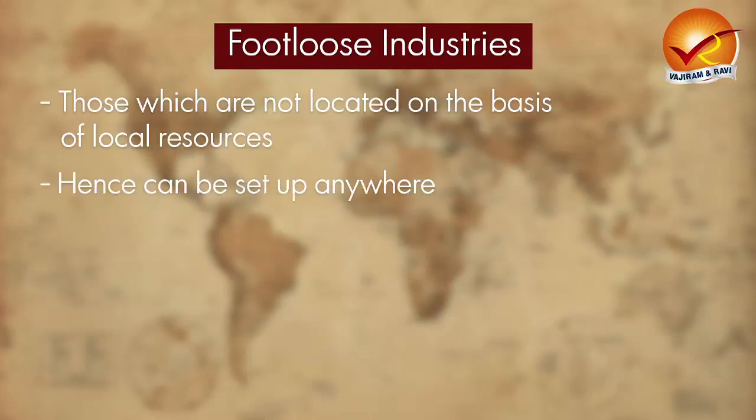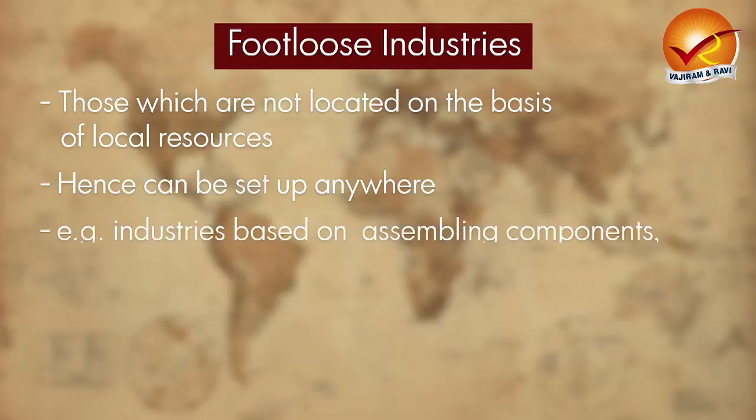That's the idea of footloose, which includes industries based on assembling of components, industries based on integrating diverse parts that are imported from different places, which are mostly consumer goods or fast moving consumer goods, FMCG products.